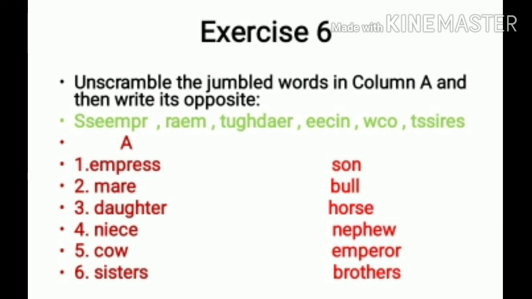Emperor has 7. And brothers has 8. So the opposite of daughter was son. Cow was bull. Mare was horse. Then niece was nephew. Sisters was brothers. And empress was emperor. So we've written the opposites.